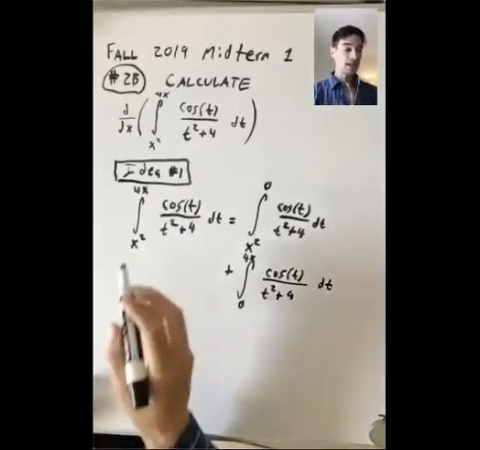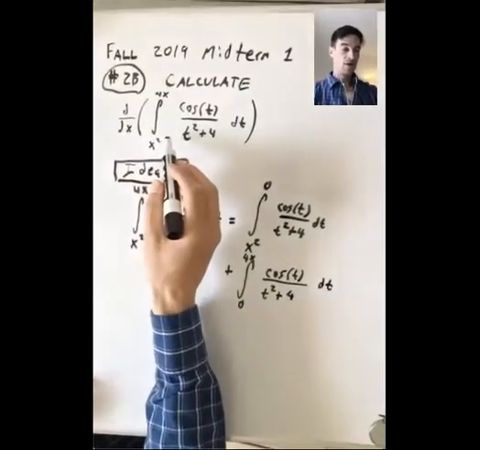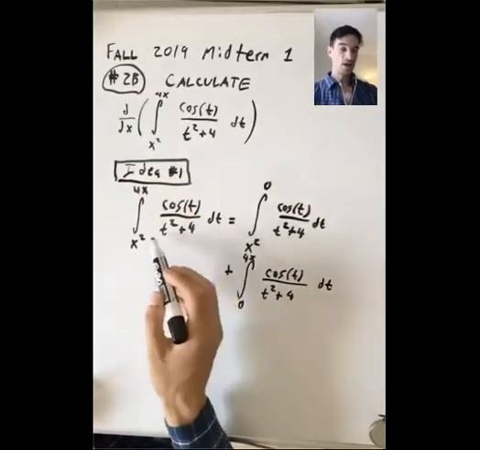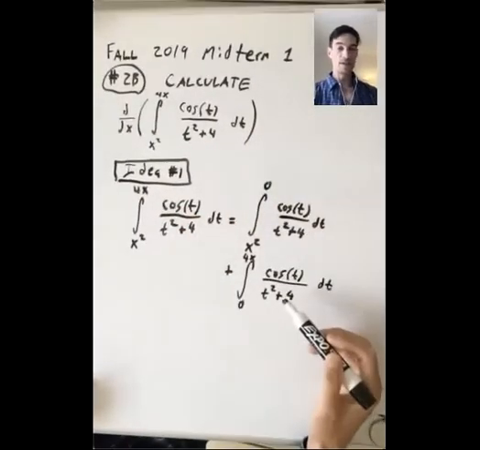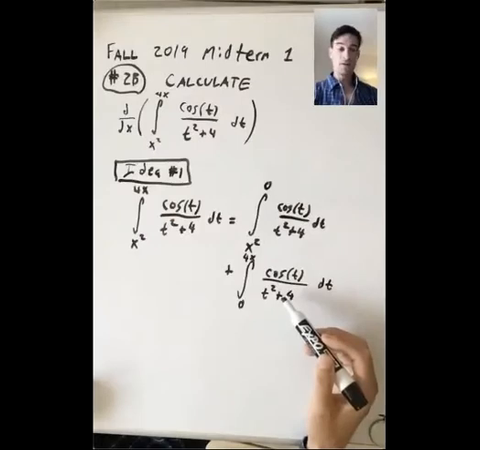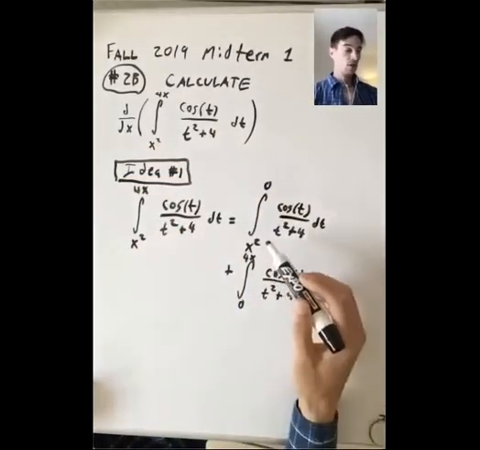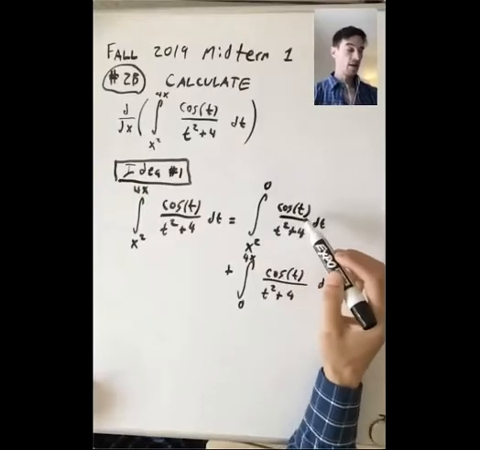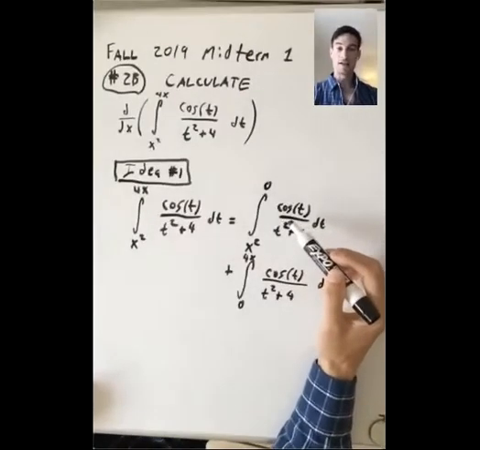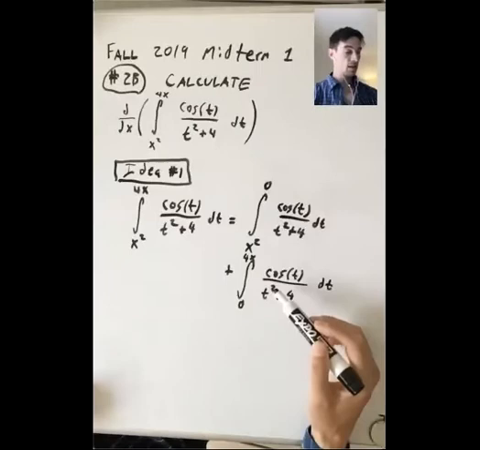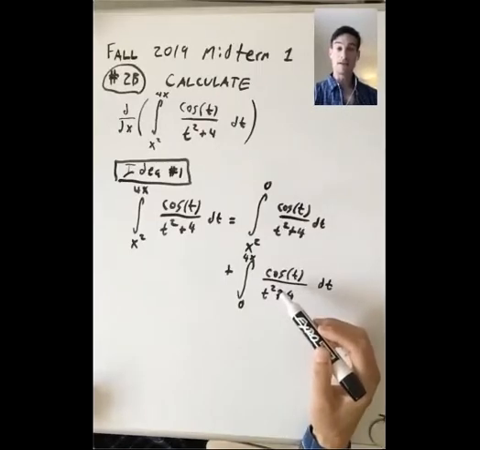Now the integral of this function is the sum of these two pieces, and we know the derivative of a sum is equal to the sum of the derivatives. So all we have to do is figure out the derivative with respect to x of the first piece plus the derivative with respect to x of the second piece.